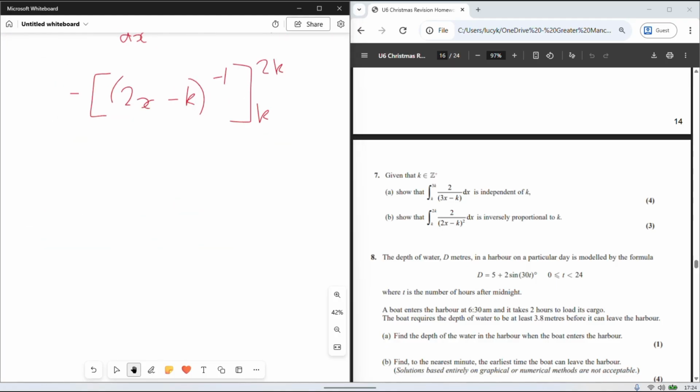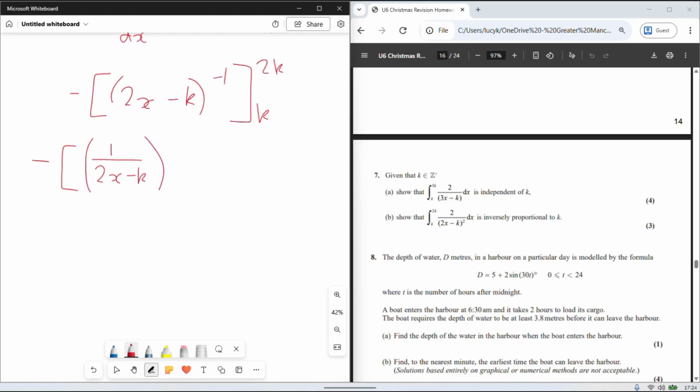So let's evaluate that with our limits. I'm going to rewrite that as a fraction because I know I want to end up with something in the form like 1 over k. So I'm going to make that 1 over 2x minus k.